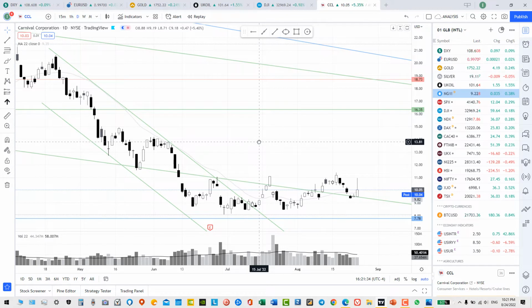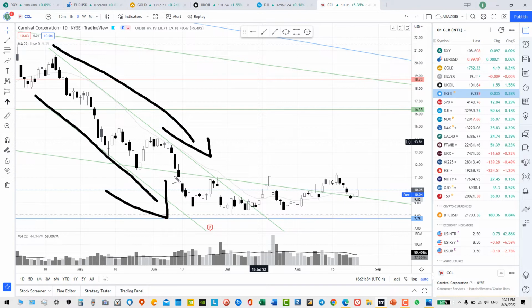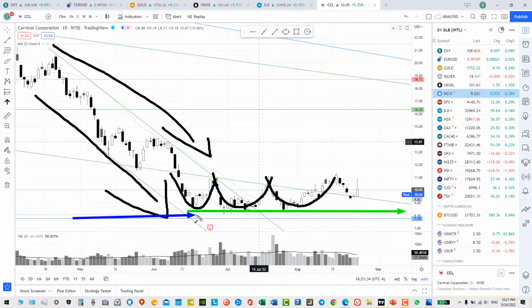Here you can see after the short term fall, after the impulsive wave, the stock started to create several bottoms around the $8 area, which is considered a short-term support, plus it was a very important weekly support as we have mentioned earlier.